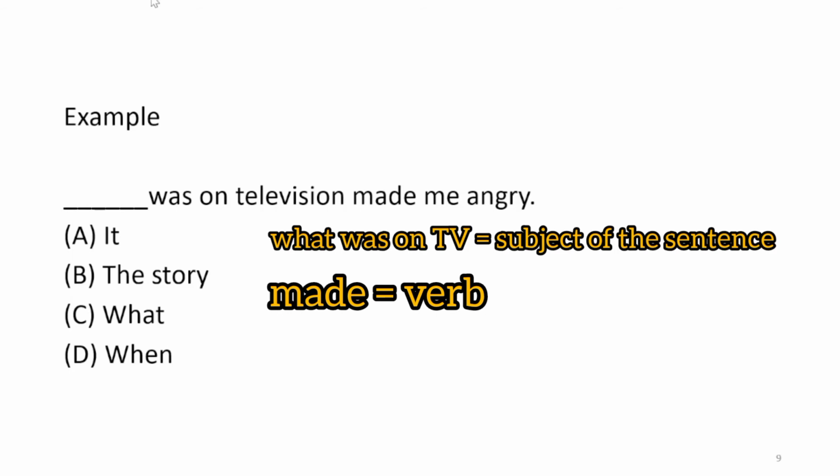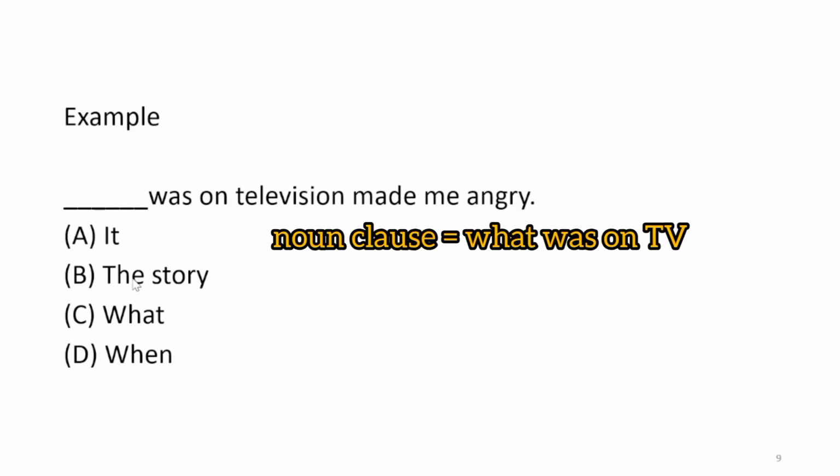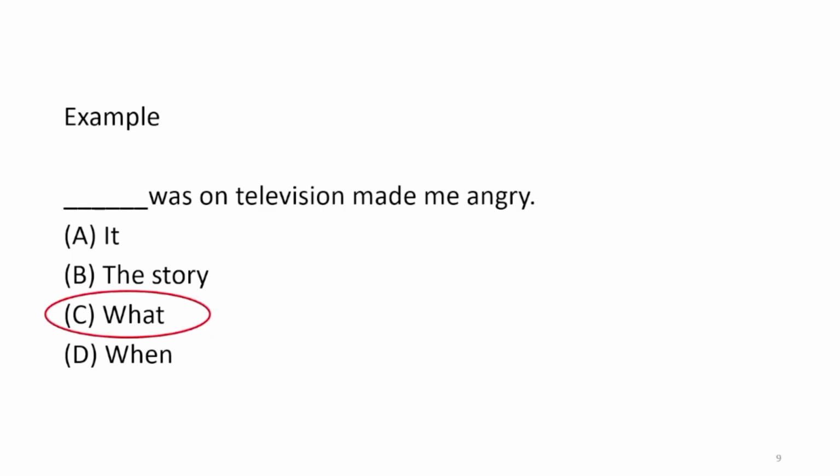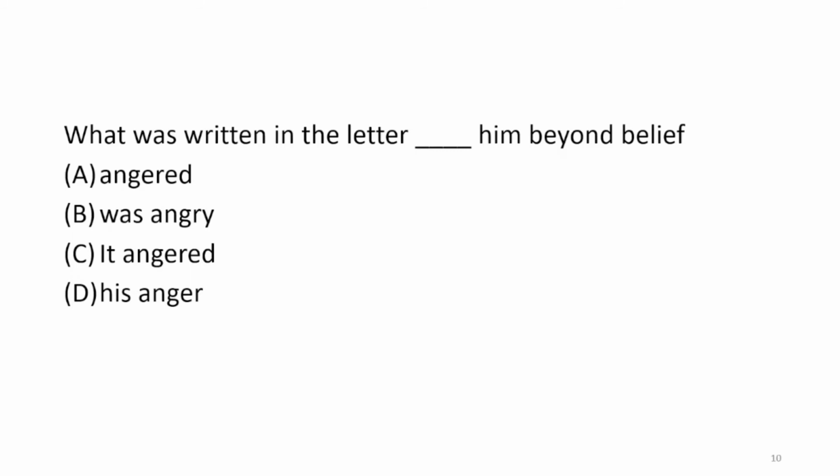And in what was on television, we have what as the connector as well as the subject of the noun clause, and was as the verb of the noun clause. Okay, so the answer is C. You can try this one and comment your answer down below.